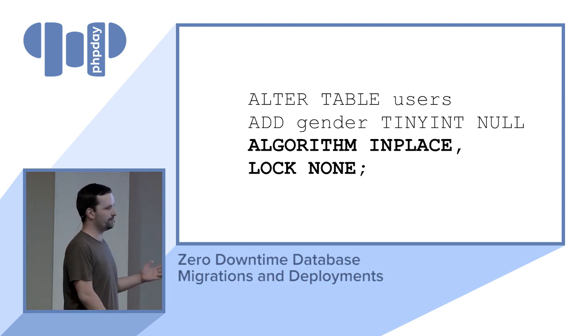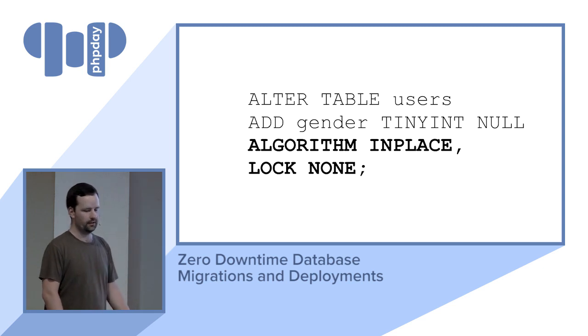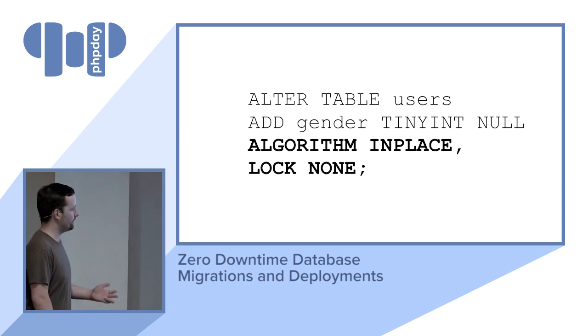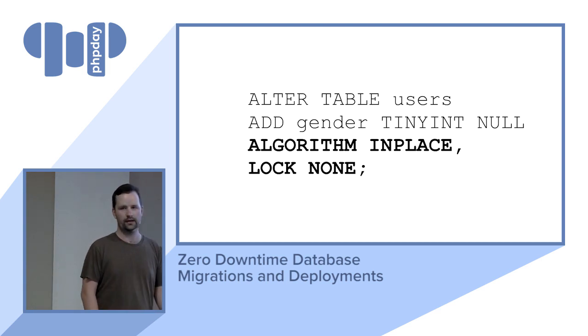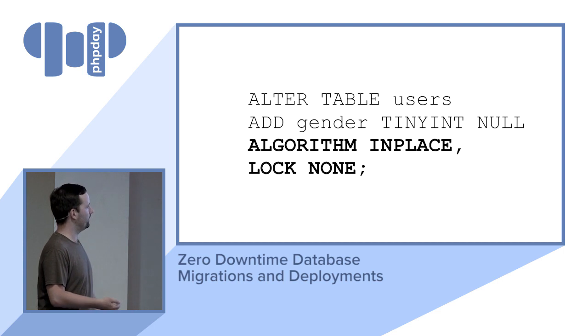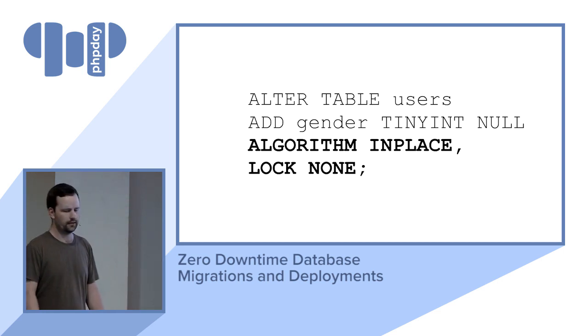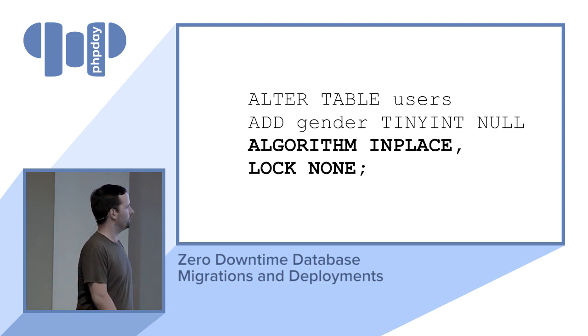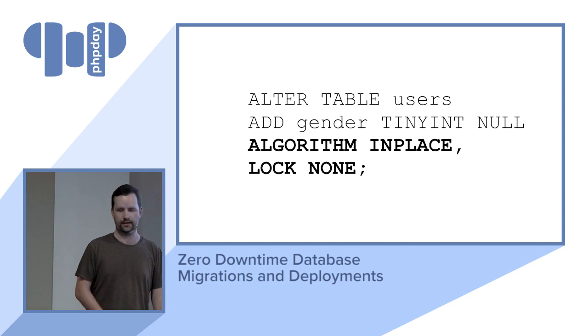This works for MySQL 5.6 and later, and it works with InnoDB. And this approach also always works, no matter how big the altered table is. It might take longer, but the table is never locked. And different database engines like Postgres supposedly don't have any problems with locking for simple operations like this.